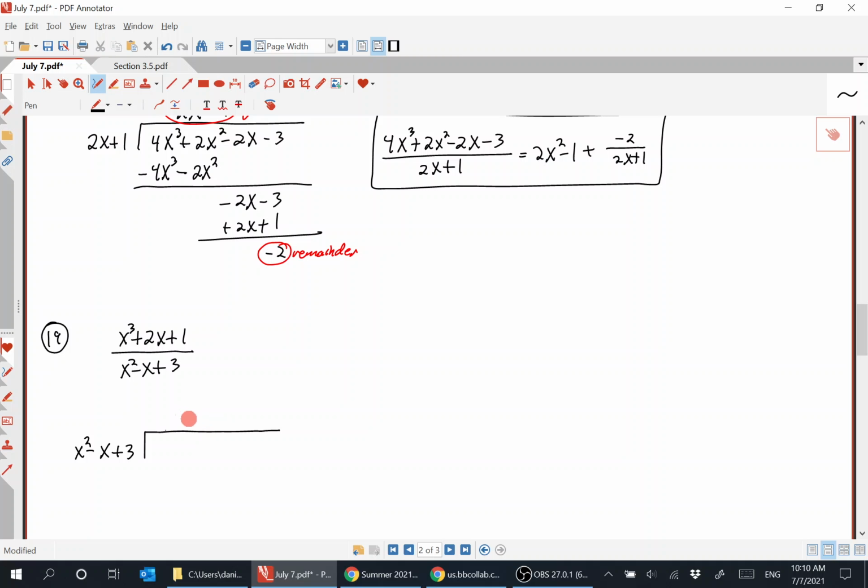Oops. X to the third. Now, by the way, you're missing the squared term here, so you might want to leave a gap. Right, we're missing that squared term here, so maybe we're going to leave a gap there, okay? Because we want to make sure we're subtracting like terms.